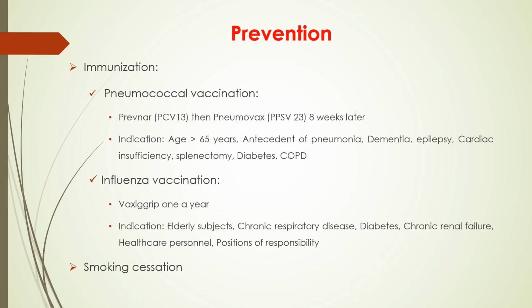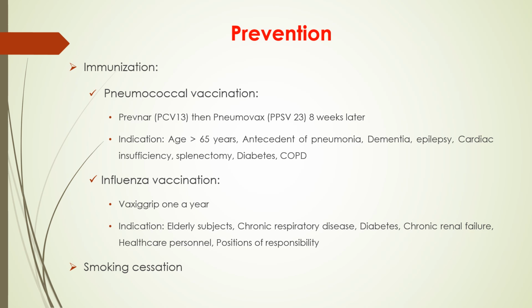And prevention. In specific cases, we have to do a vaccination of patients. And the first vaccine is the pneumococcal vaccine. We have the Prevnar. We have several subfamilies of pneumococcus which are responsible for infection. And we have especially pneumococcus 13 and pneumococcus 23 who are responsible for respiratory infection. So we do have to vaccinate the patient against these two subfamilies.